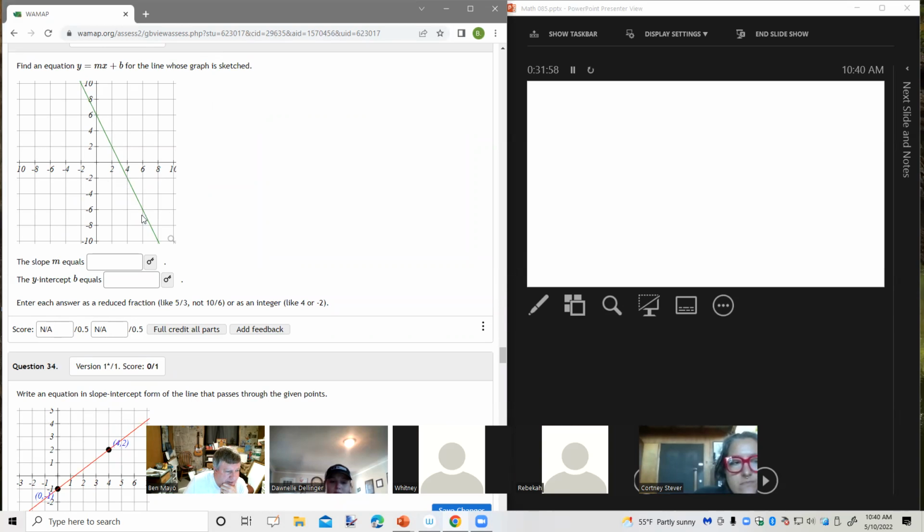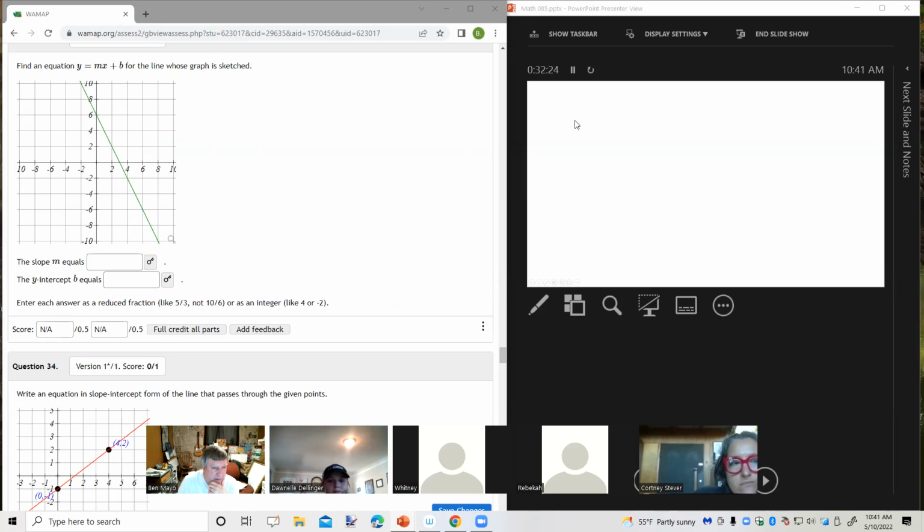So the slope would be -2. Okay. The y-intercept would be at 0, 6. So b would equal 6. So if you wrote out the equation, it would be y equals -2x plus 6. We're good to go with that one.